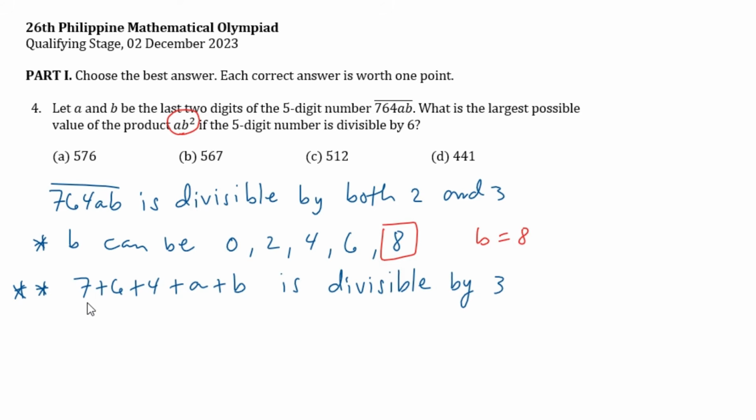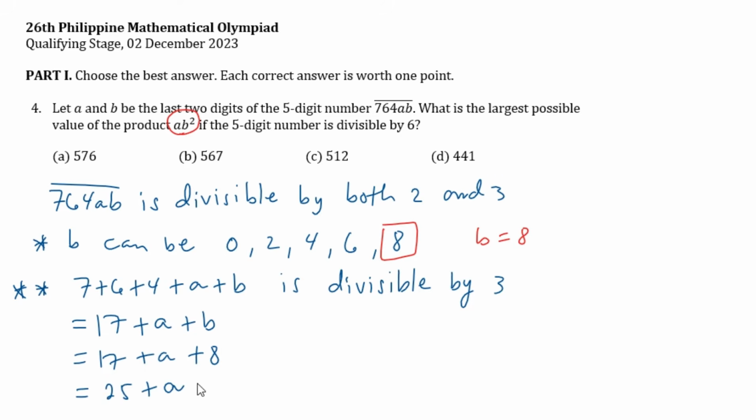Now, simplifying this one, we have 17 plus A plus B. But then we have determined that B is equal to 8. So we have 17 plus A plus 8, which is equal to 25 plus A.